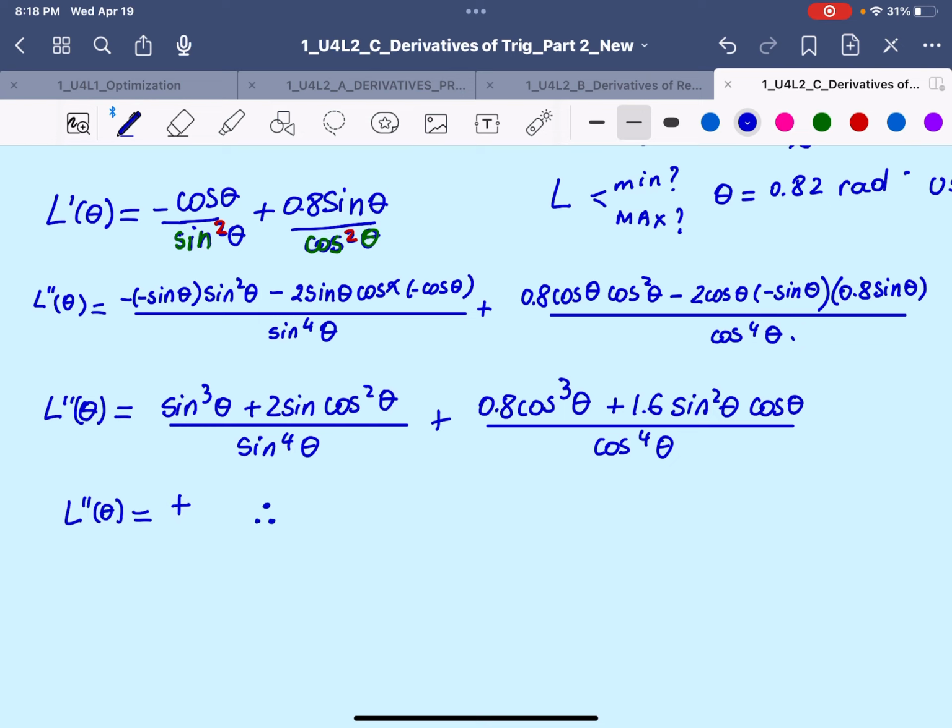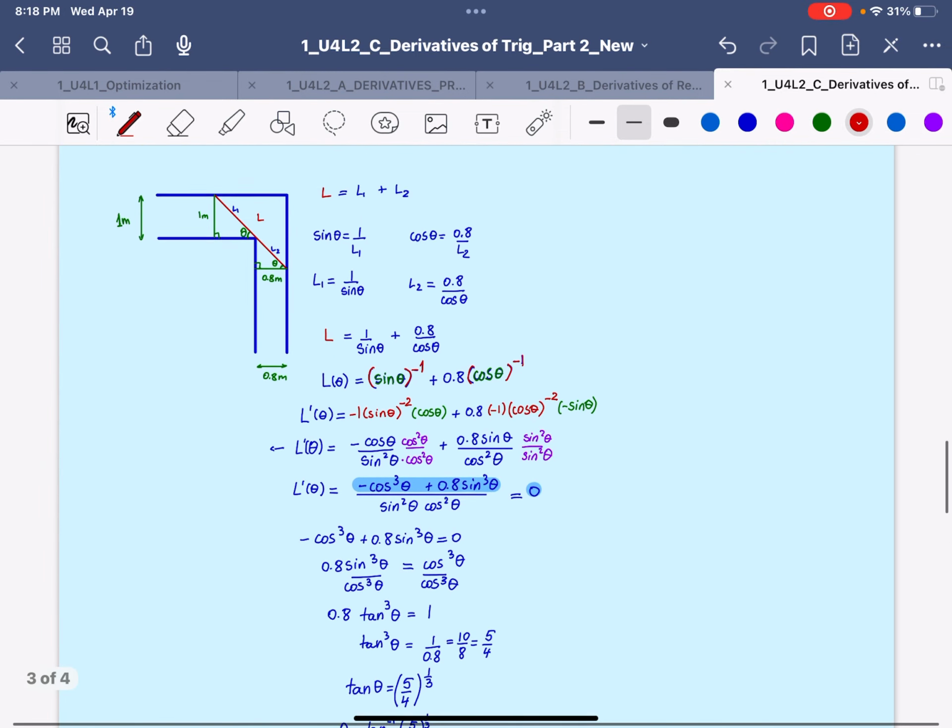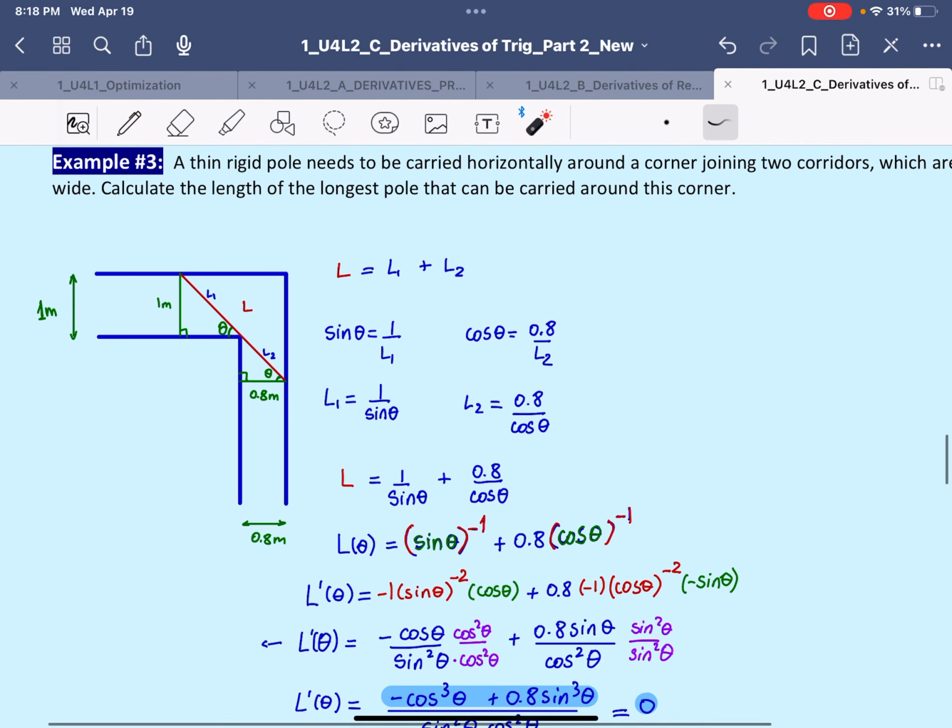Therefore, the function will be concave up. Therefore, we're going to say at theta equals 0.82 radians, the length will be a minimum. Now remember, this is the minimum length of the segment that connects the two sides of the wall, or the two walls.